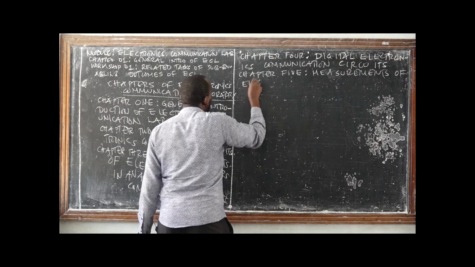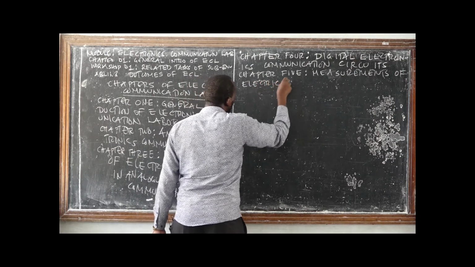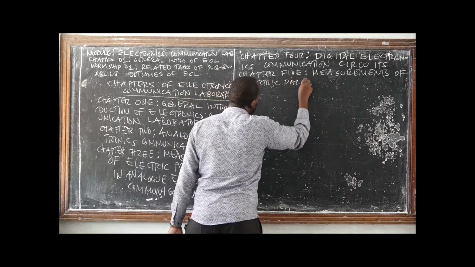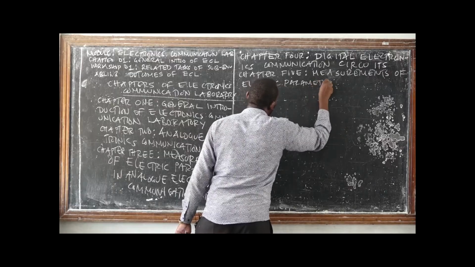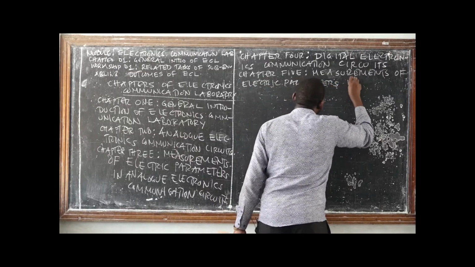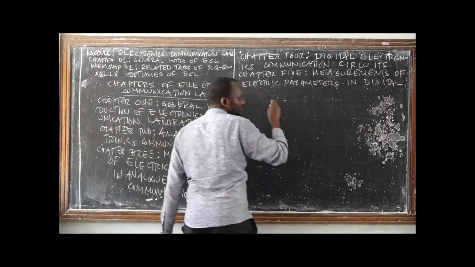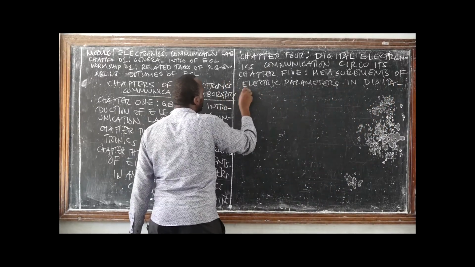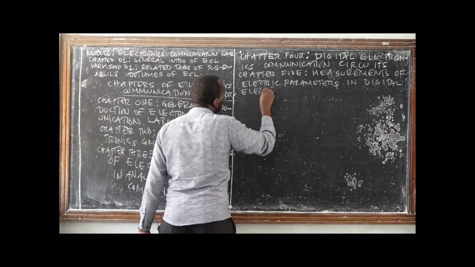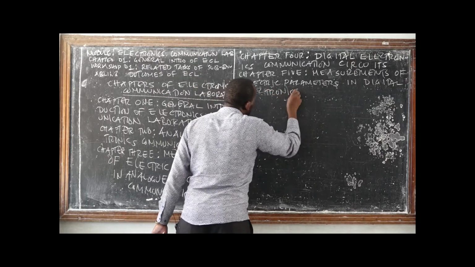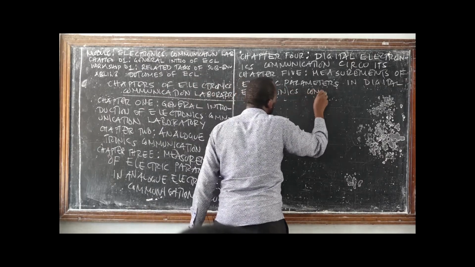Of electric parameters. Measurement of electric parameters in digital electronics communication system.